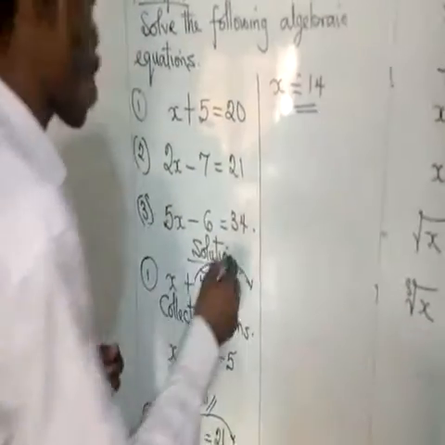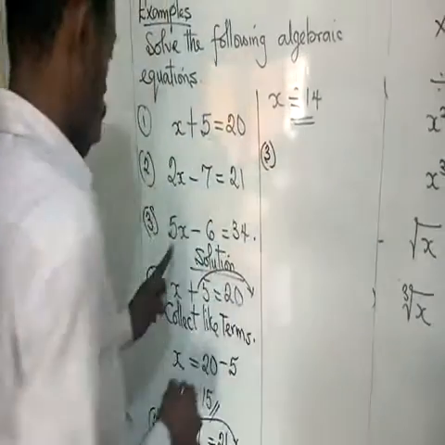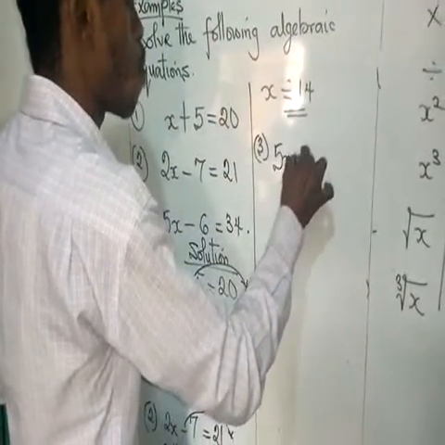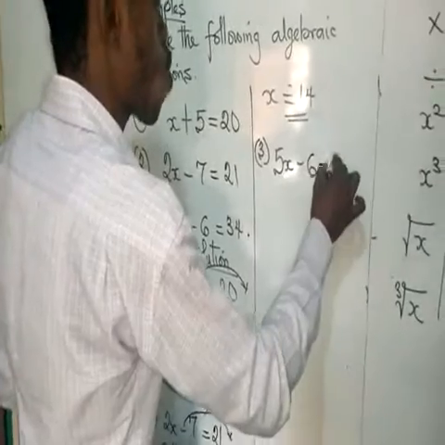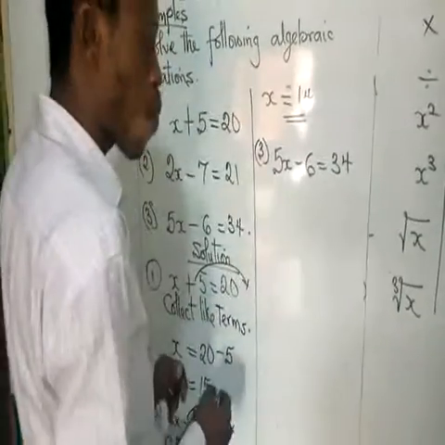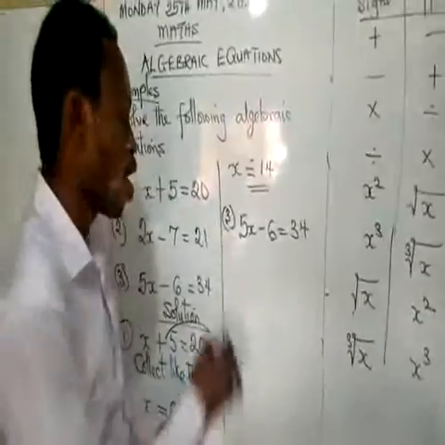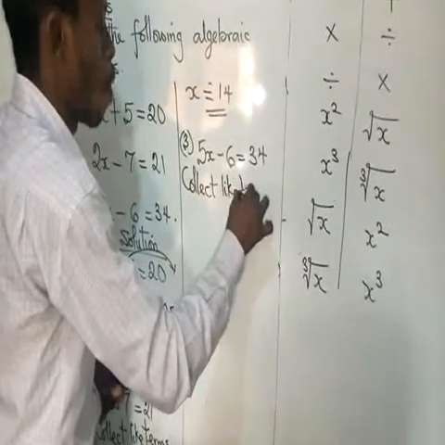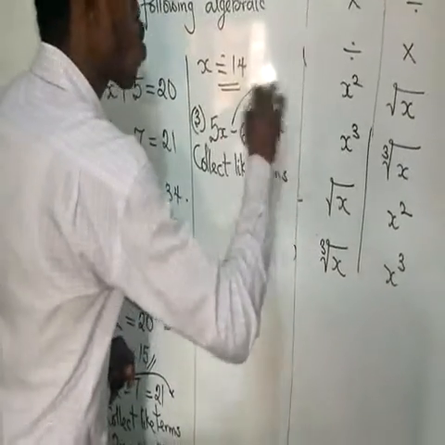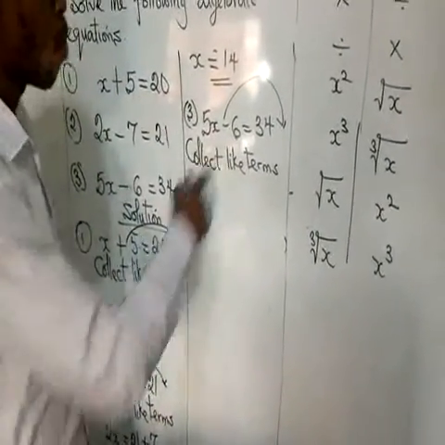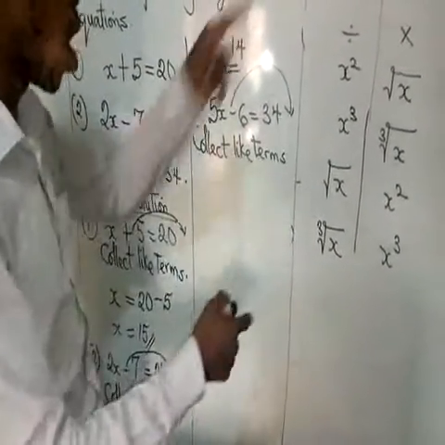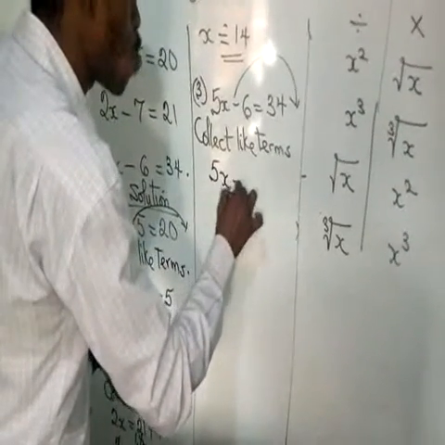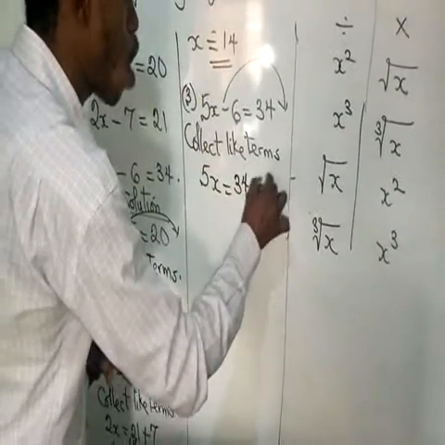Now let's look at example 3. You have 5x minus 6 equals 34. Step 1, what do we do? We collect like terms. Now, this 6 will move to the other side. The opposite of minus is what? Plus. So your 5x will be 34 plus 6.